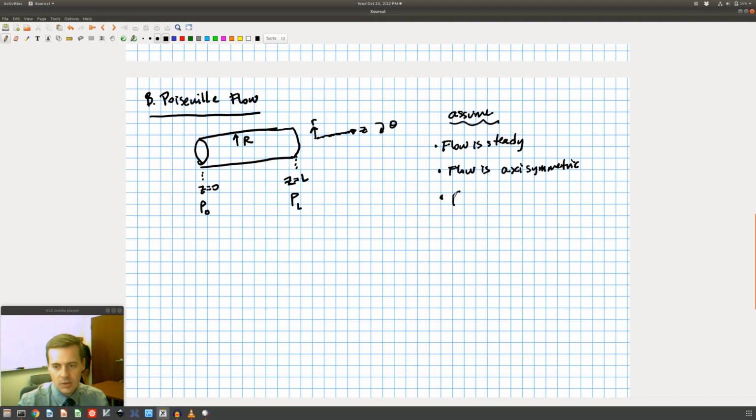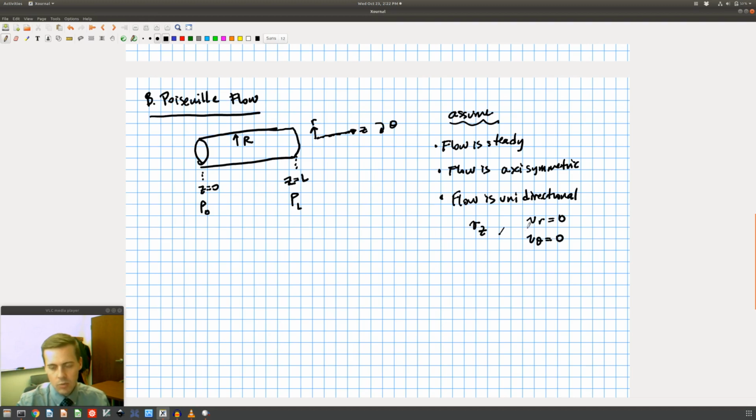And the last thing I'll assume is that the flow is unidirectional. And what I mean there is that I have Vz as my only velocity component. I don't have a Vr or a V theta. So Vr equals 0, V theta equals 0.